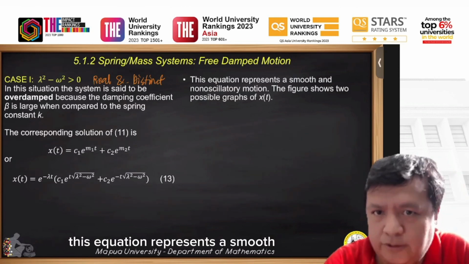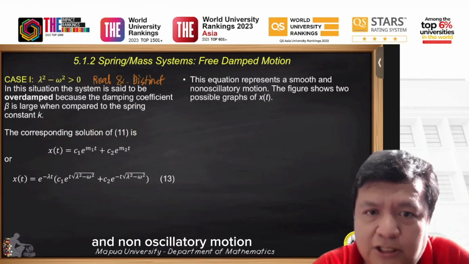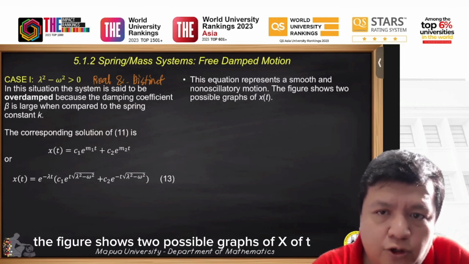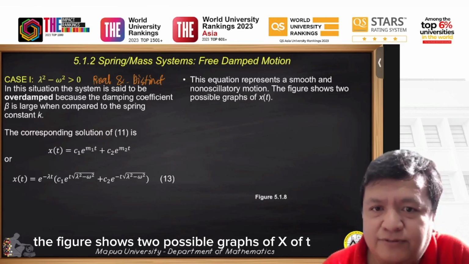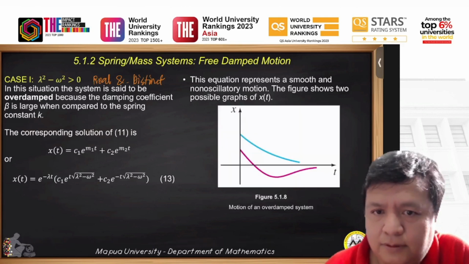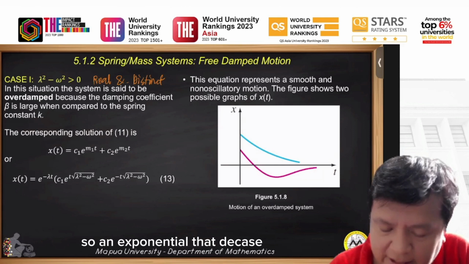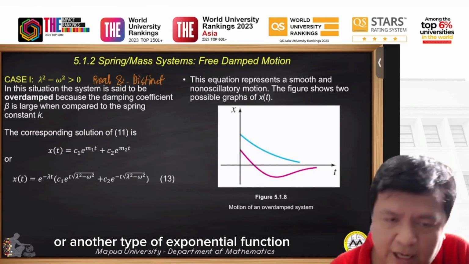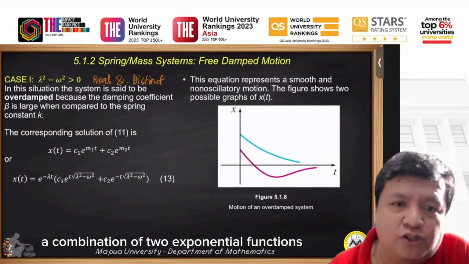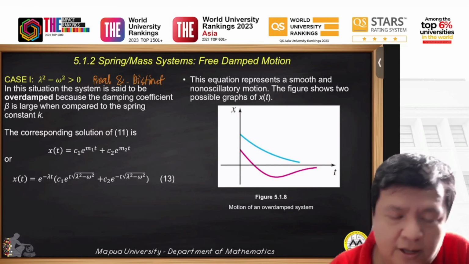This equation represents a smooth and non-oscillatory motion. The figure shows two possible graphs of x of t: an exponential that decays, or a combination of two exponential functions, the pink one.